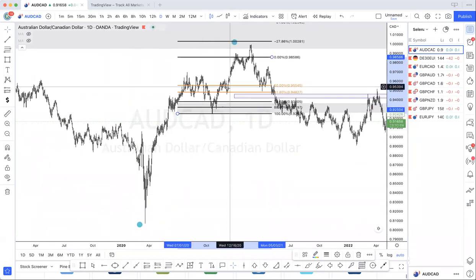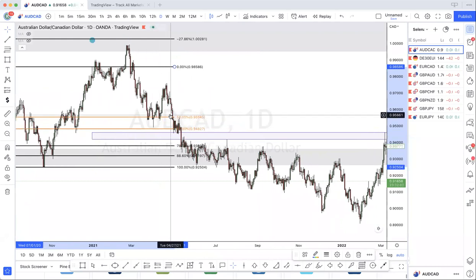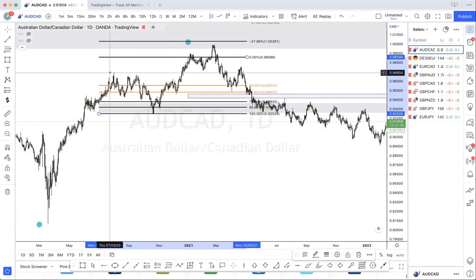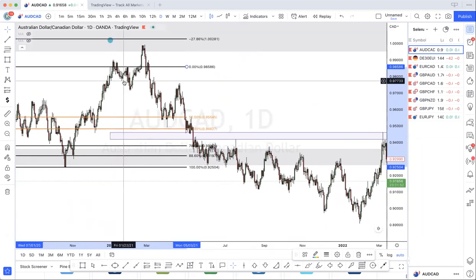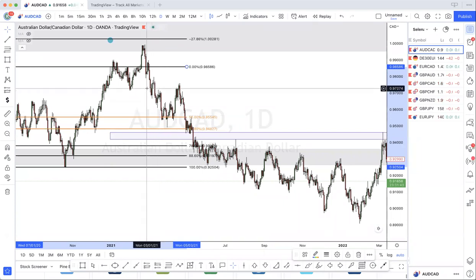I'm not saying you can't get in for buys, because this is bullish right here, but if you don't know where you are in the market, that's when price is going to come and snatch all your edges. Okay. Snatch them all.